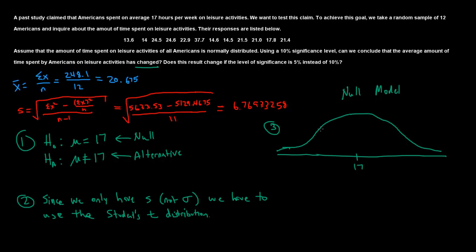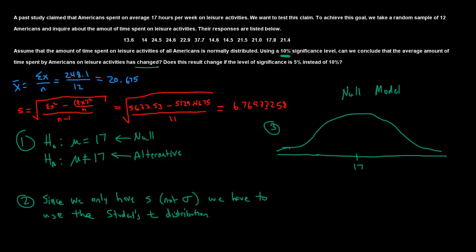The rejection regions are based on the level of significance. To start with, we want to use a 10% level of significance. Later on, we'll talk about the 5% in a little bit. But right now, we're just doing 10%.